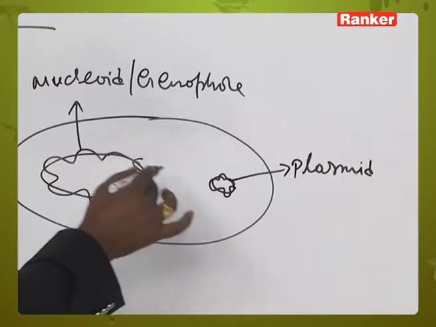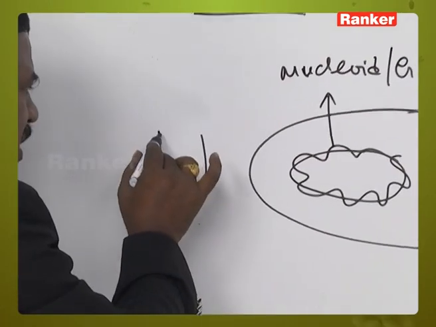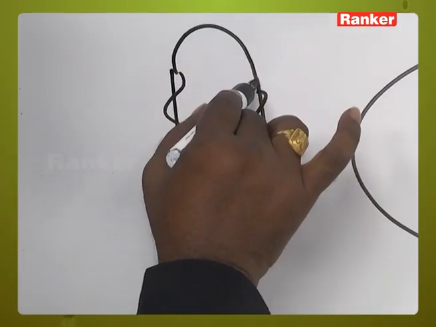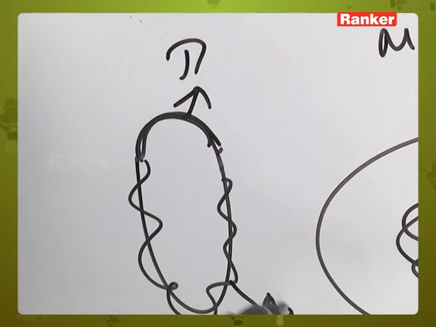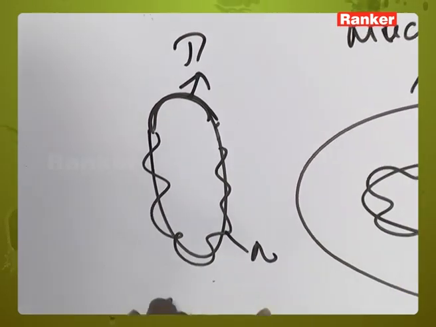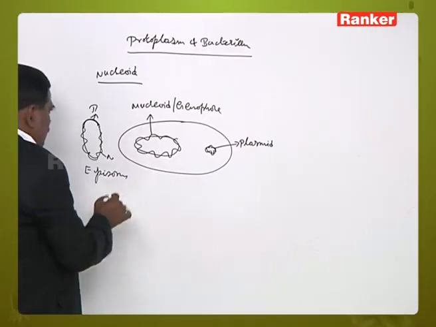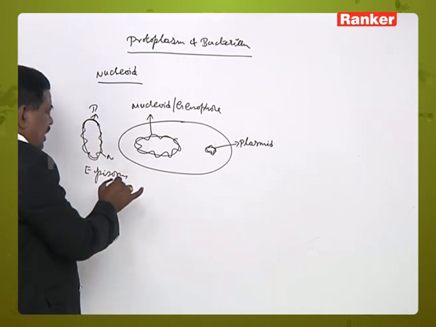If the plasmid is attached to the nucleoid, it is called an episome. A plasmid which is attached to the nucleoid is called an episome.